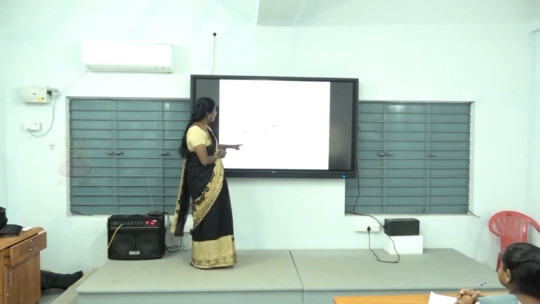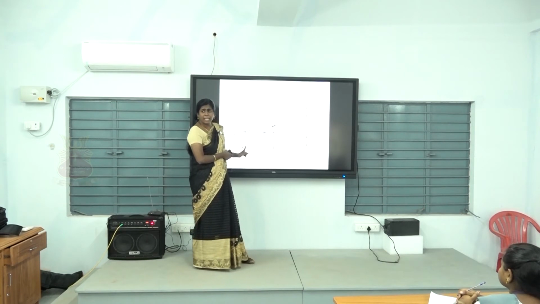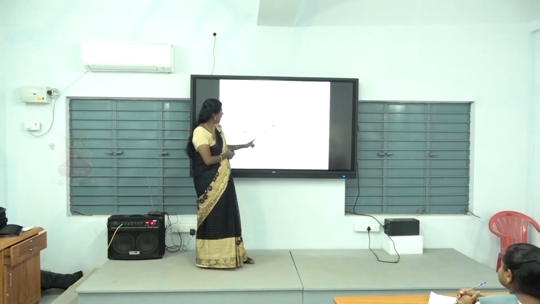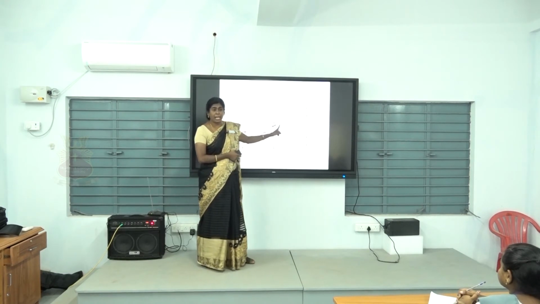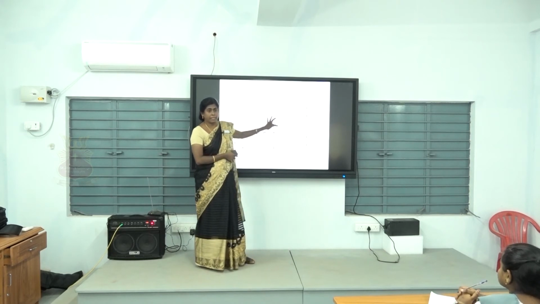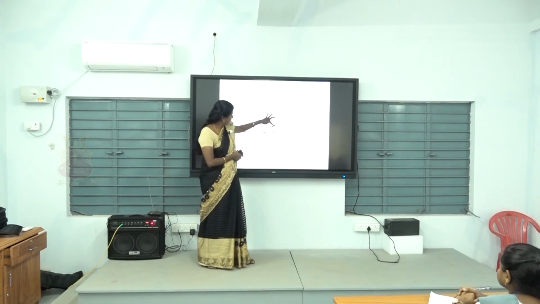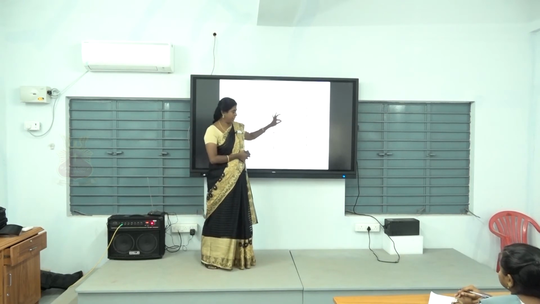Okay. This is the sales line. Here the sales line cuts the variable cost line. Here this is the break-even point. Okay. This is the break-even point where the variable cost line and the sales line cut.